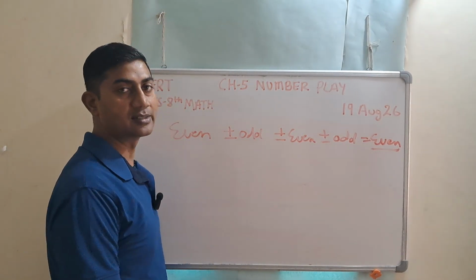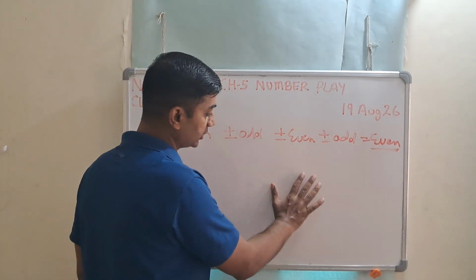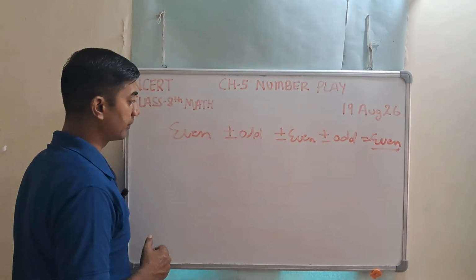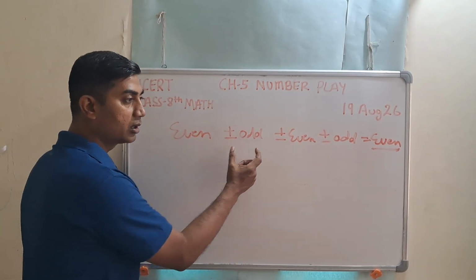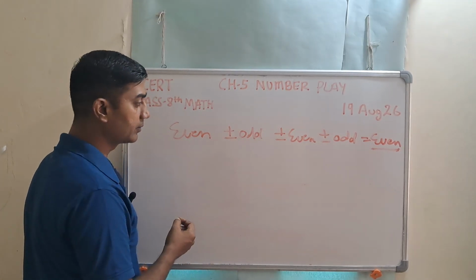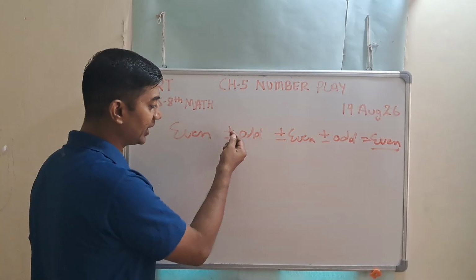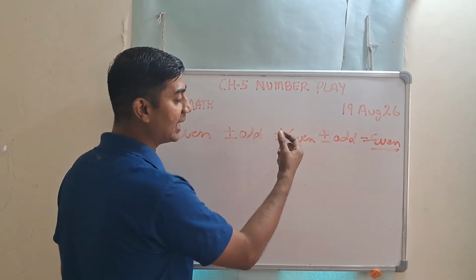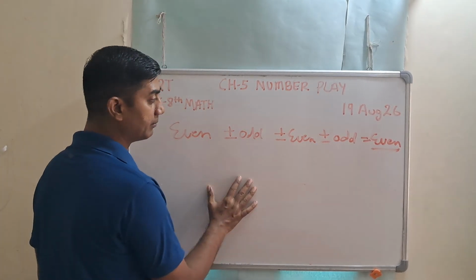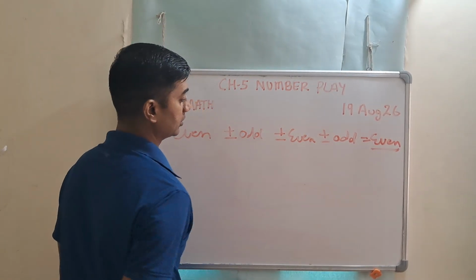This is the conclusion of our discussion for today's class. I will repeat again: any four numbers, whether they are odd or even, and you are applying the mathematical operations of addition and subtraction in any combination between them, you will always get the result even. Understood?